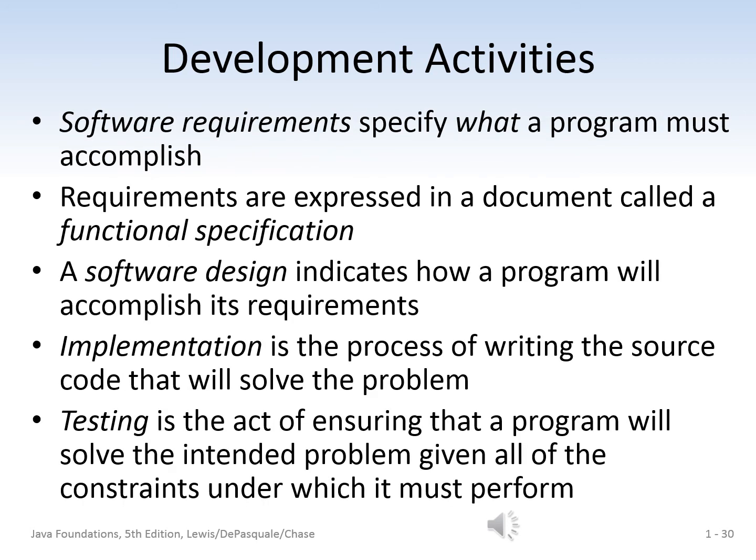Here we have the author's definition of those four stages or development activities. Software requirements are often expressed in what's called a functional specification document, and they specify what a specific program must accomplish. That's glossing over a lot of detail right there.